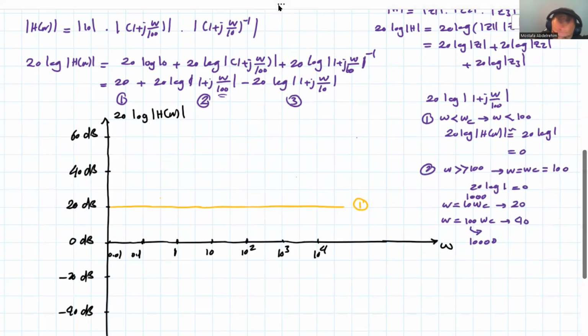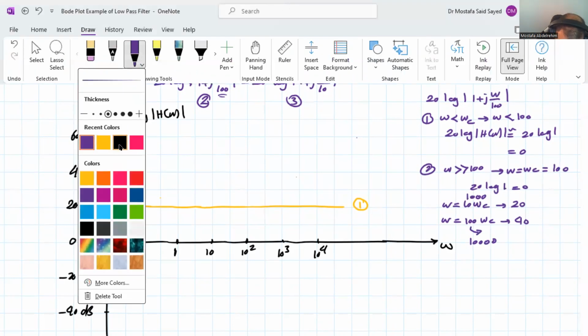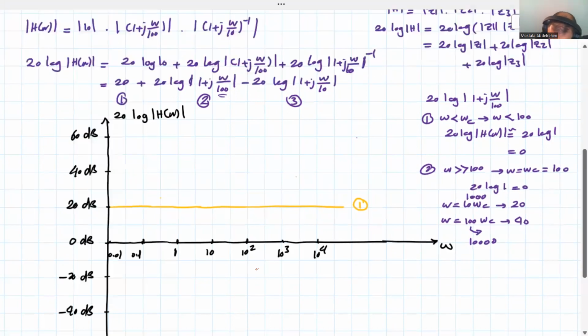So let's do that. Let's have another color, like the orange color. For all points less than 100, H of omega is 0. Now, when omega equals 100, we have still 0.